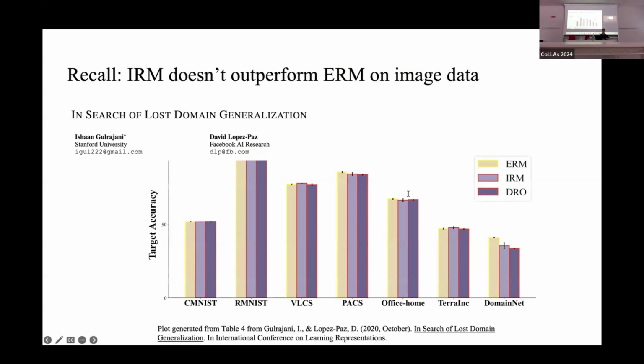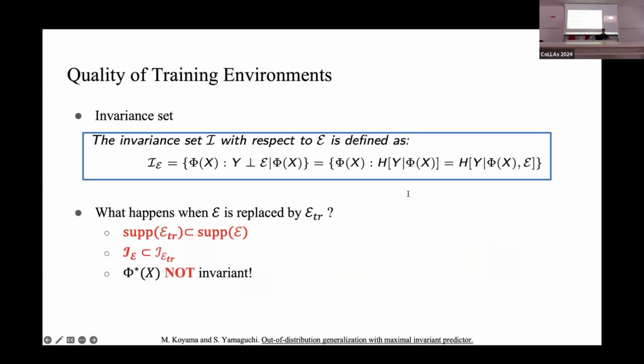Recall that IRM does not outperform ERM on many image datasets. Here we would like to analyze the reason behind this. We think the reason may be the quality of training environments. Recall that the invariant set is defined as this, where each predictor in this set satisfies some invariance property, and this property relies on the environments E. But what happens when E is replaced by training environments like E-train?